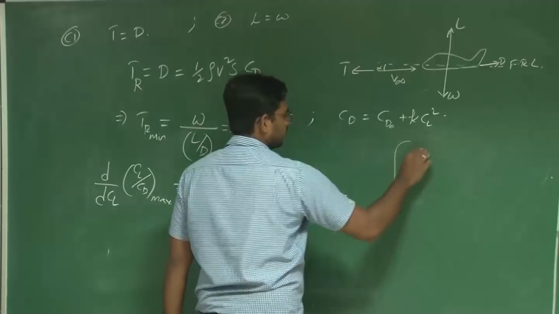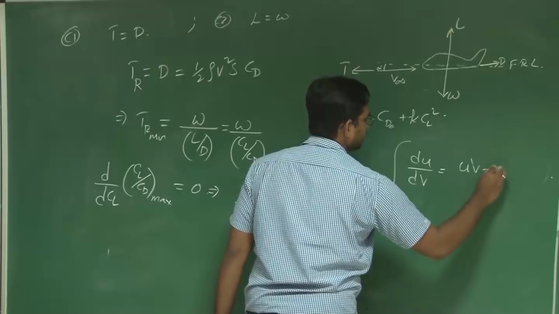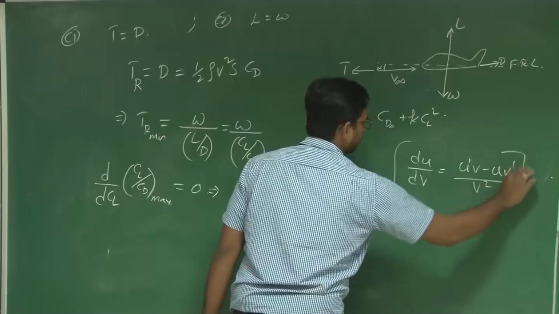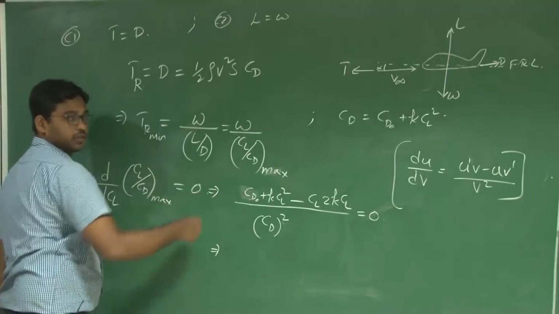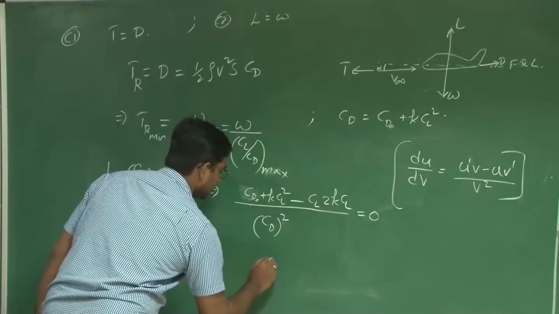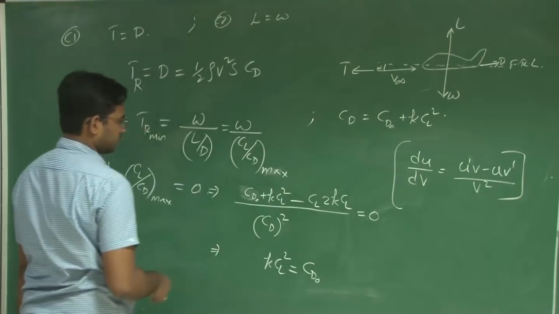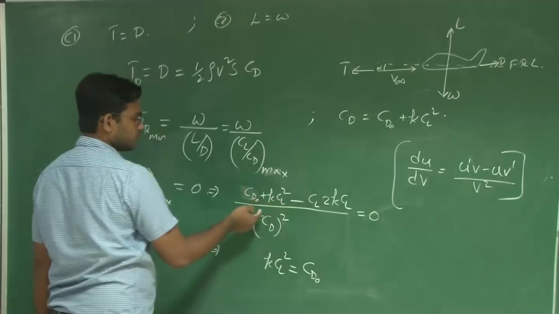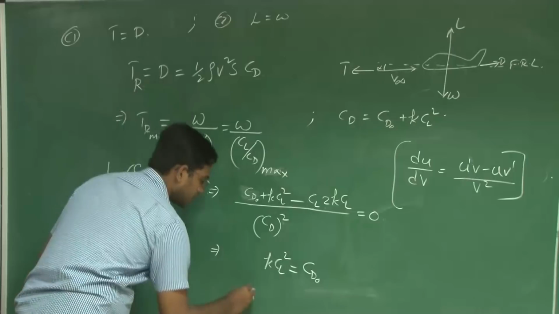How did we get this? d(u/v) is equal to (u dash v minus u v dash) divided by v square. Multiplying by CD square on either side of this equation, what you have is K CL square is equal to CD naught. This is 2K CL square and this is K CL square; you have to take it to the right hand side. You will get K CL square is equal to CD naught.